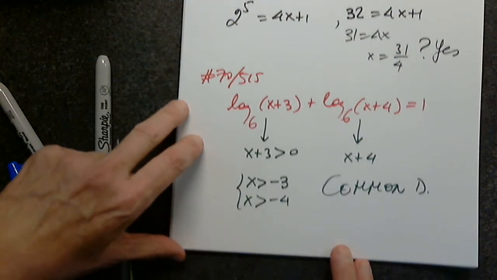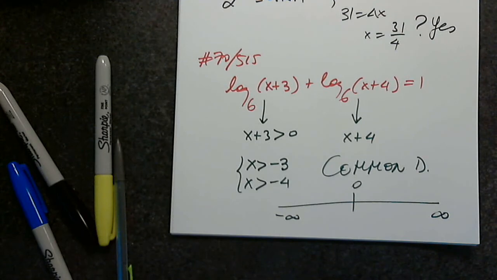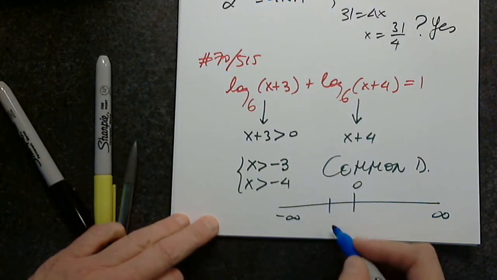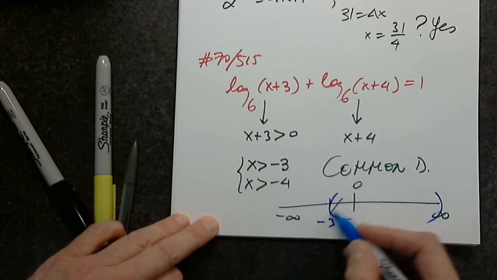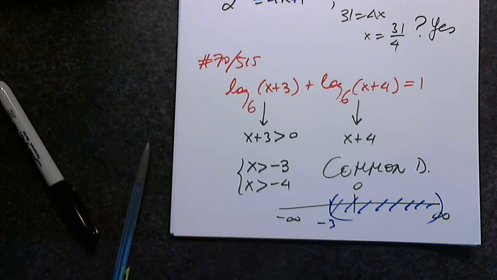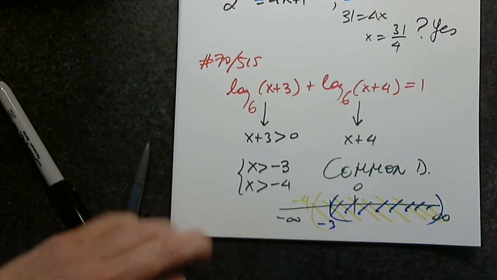So if it's easier, you don't have to graph, but if it's easier for me to explain what I'm doing. So the first one says greater than negative 3. Here's negative 3. Greater than negative 3 is this portion of the real line. The other one says greater than negative 4. Negative 4 is here.